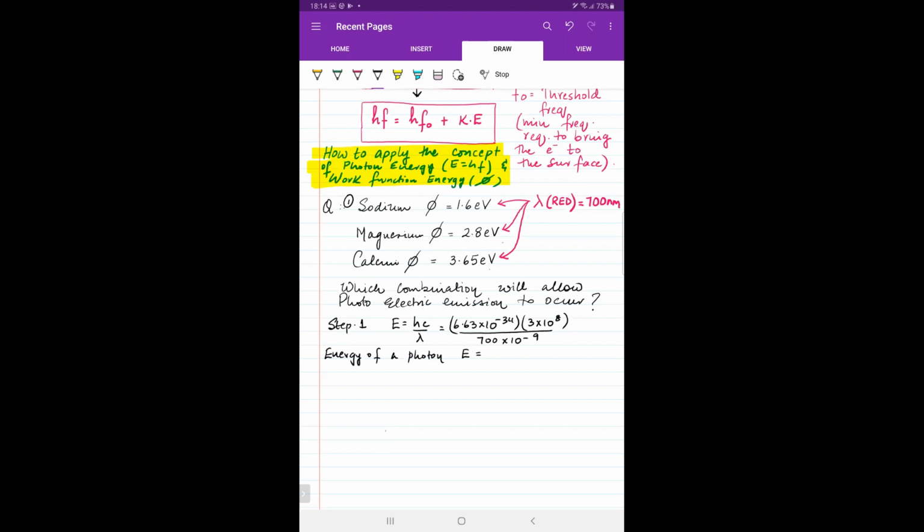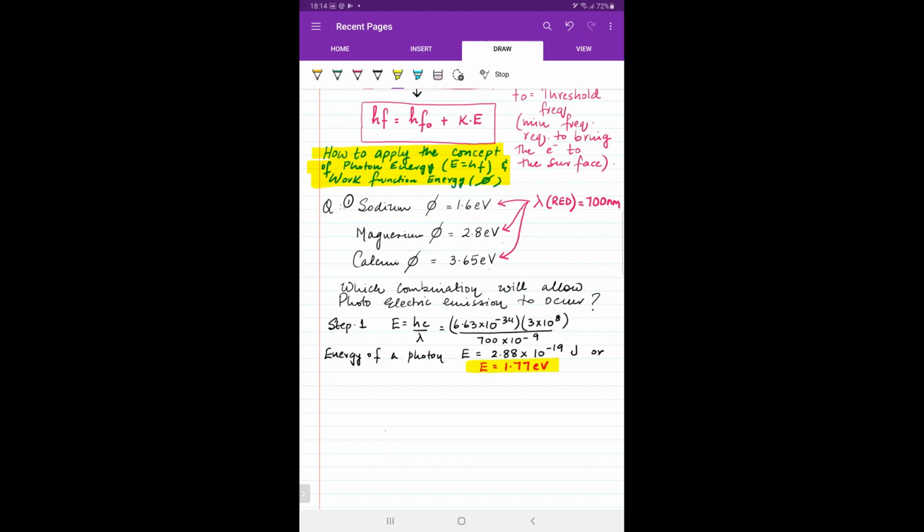So in joules, I believe this answer is coming out to be 2.88 times 10 to the power of minus 19, which if converted, I believe turns out to be 1.77 eV. So basically, this answer is telling me that a photon belonging to red light, whose wavelength is 700 nanometers, उसका energy content is coming out to be 1.77 eV.